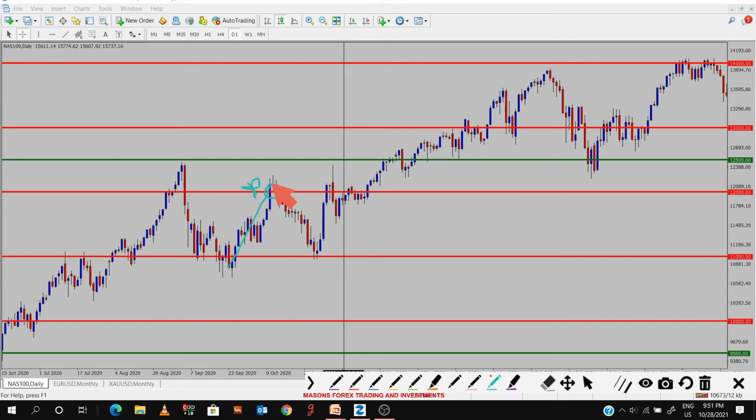Price pushes into the level, it moves away, moves back into this level, moves away. We can say it's resistance again. And we have this one candle right here. It's a very small resistance point. Then we have this congestion around the 12,000 level.